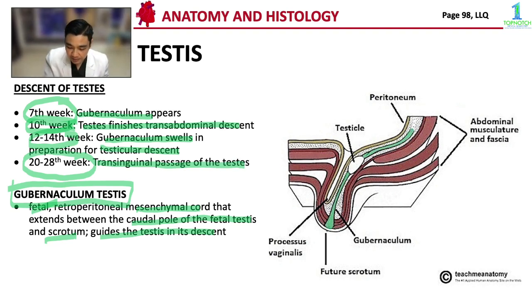So ang actual pagbaba niya from the abdomen down to the adult position in the scrotum is at the 20th to 28th week. The descent from a higher position in the abdomen to a lower position in the abdomen happens at the 10th week. So magkaiba po. Two parts ang descent: mayroong intra-abdominal at mayroong transinguinal.